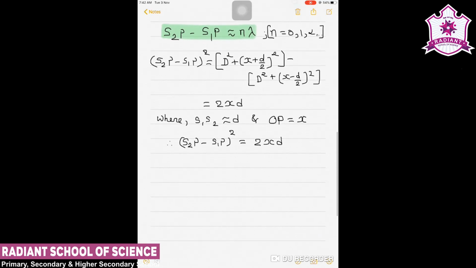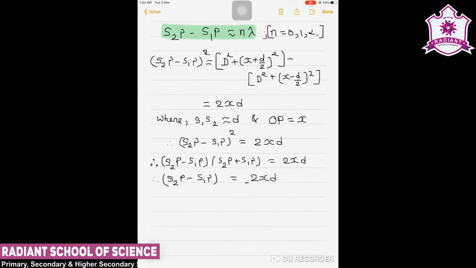If we separate this equation, we have S2P minus S1P into S2P plus S1P is equal to 2xd.